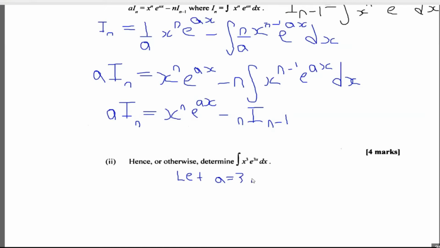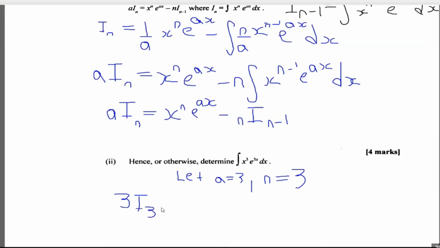If a is 3 and n is 3, then we're going to get 3 times I3, and remember I3 is this thing right here.